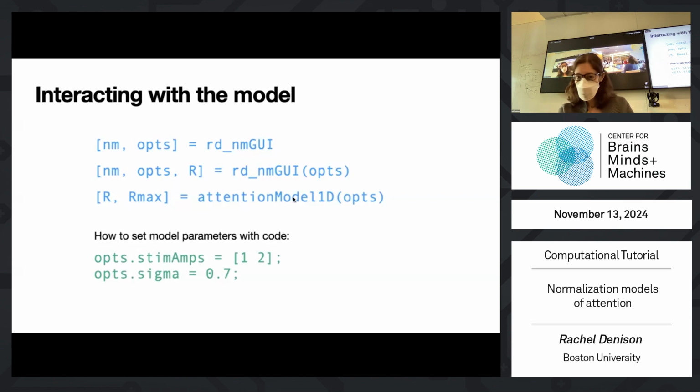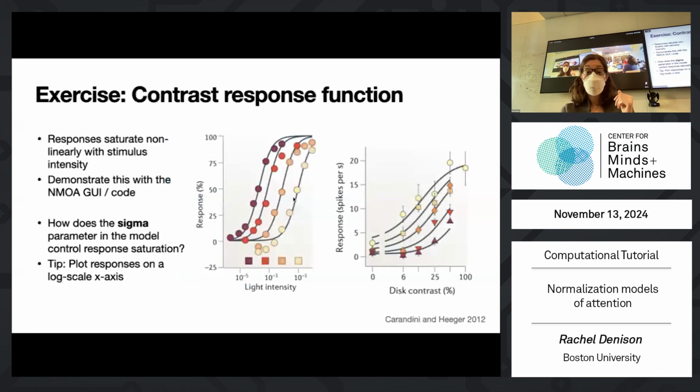Okay, so now let's do something that's a little more involved. I'm trying to think in terms of time; let's spend a few minutes and see how this goes. I've just been showing these different examples of contrast response functions, right? The fact that neurons have these saturating contrast response functions is a direct result of this normalization type computation.